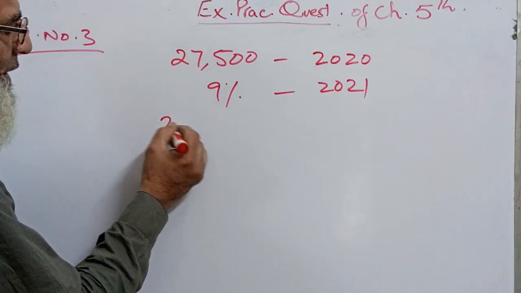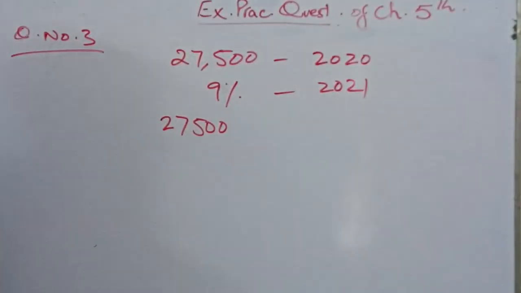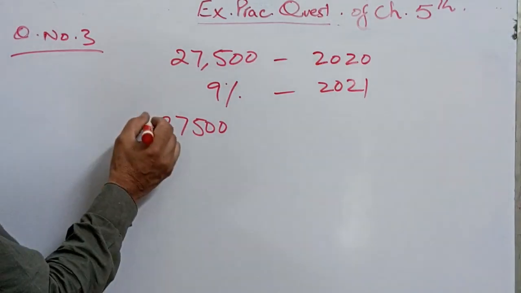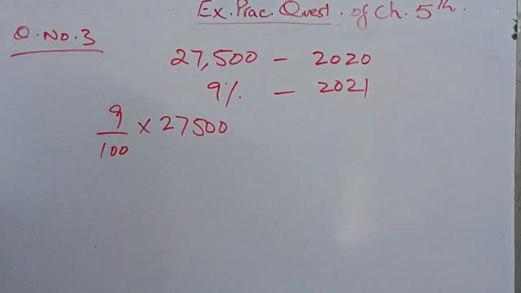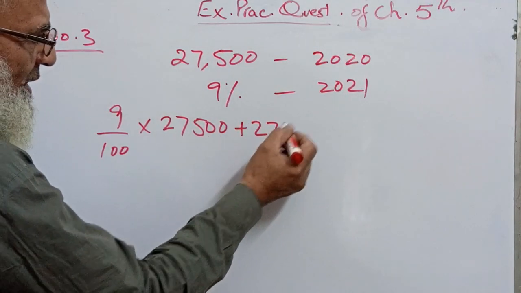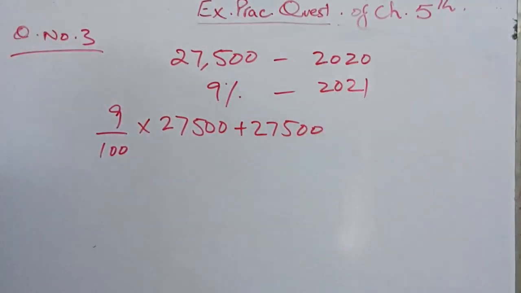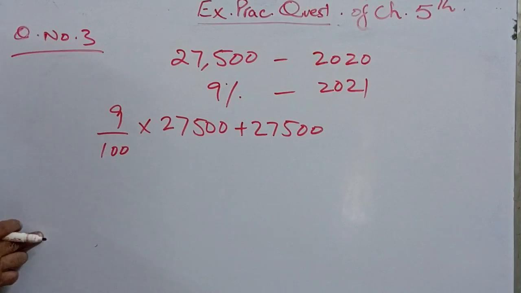So it is very easy, you find it like this: 9%, and 9% means this one, plus 27,500. Now this is the whole formula for finding an increase of a given number.